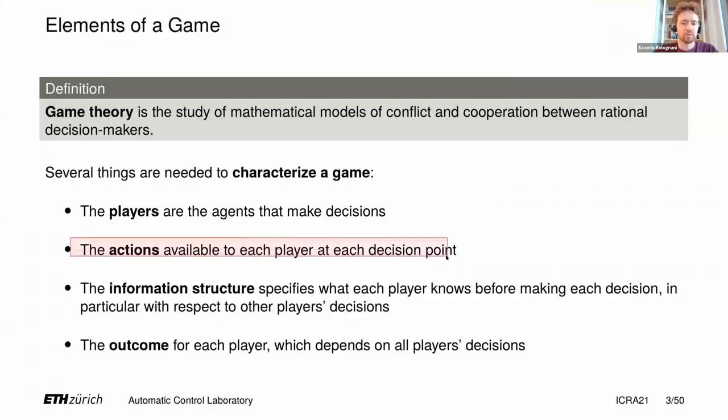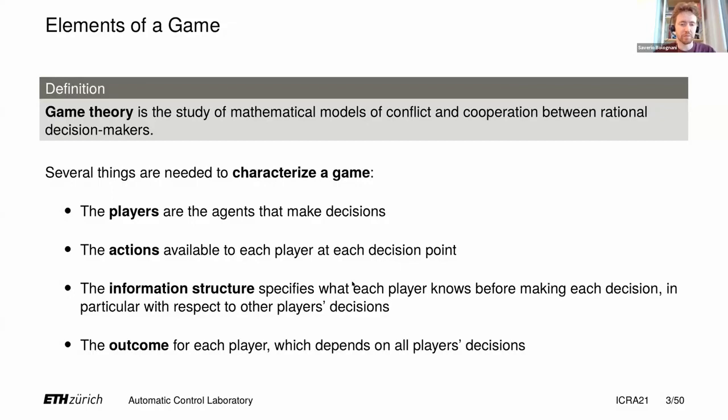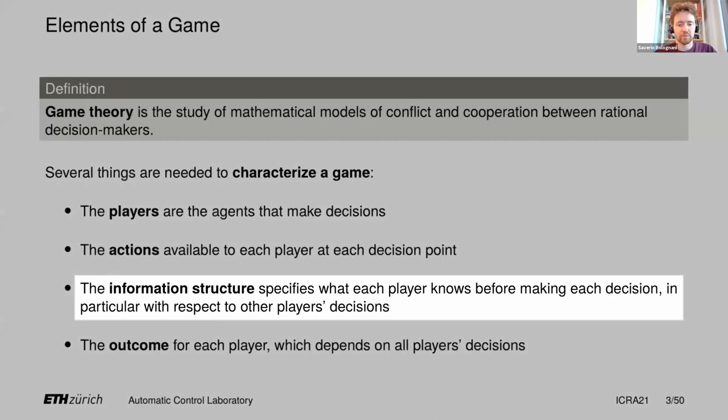Then you need to decide what actions are available to the players at each decision point. Again, application specific, but this would be like how to move or what kind of inputs the system can receive. Then you need to define the information structure. The information structure specifies what the player knows before making each decision. For example, but we'll see better later, does a player know the decision of another player before making his own decision?